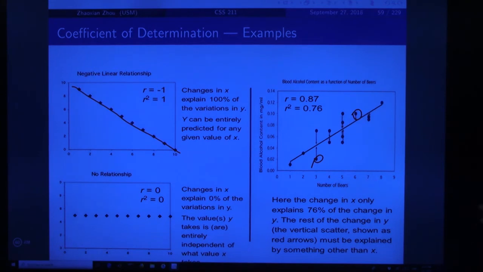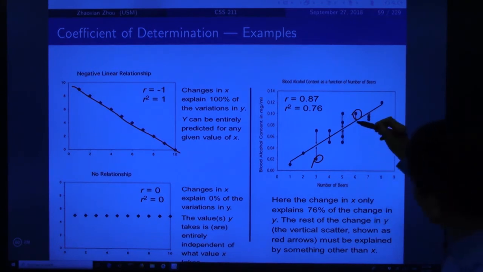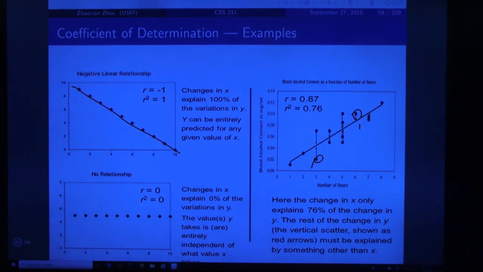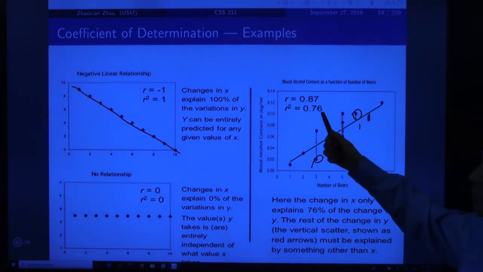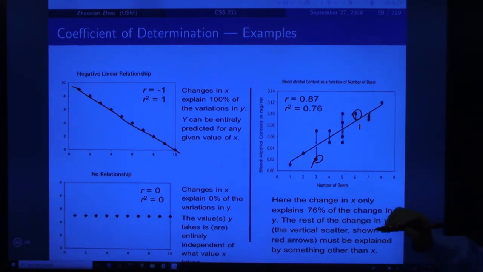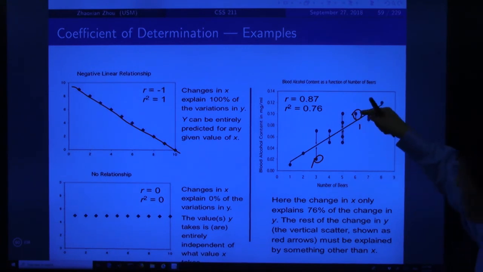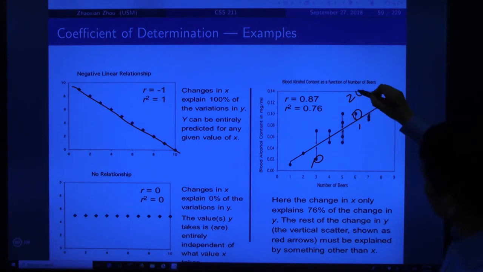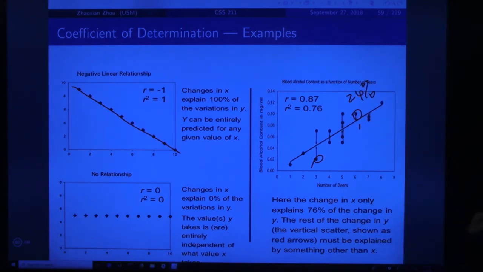You may say, okay, probably because the x value here is larger than the x value here. Is this 100%? No, this is only 76%. There are some other reasons why this y value is larger than this one. There are other 24% due to other reasons.